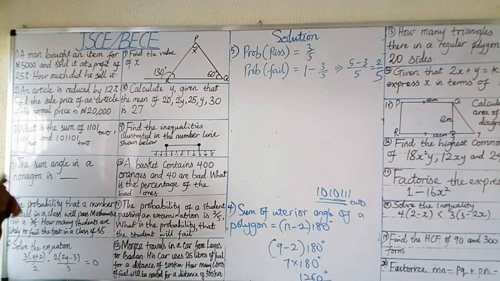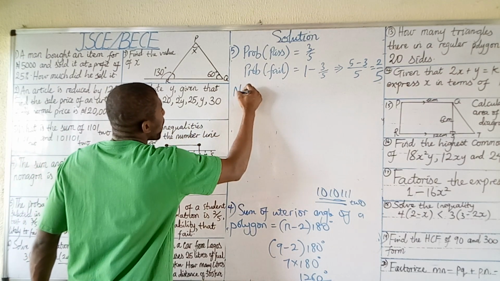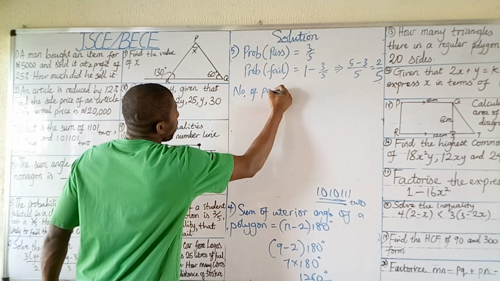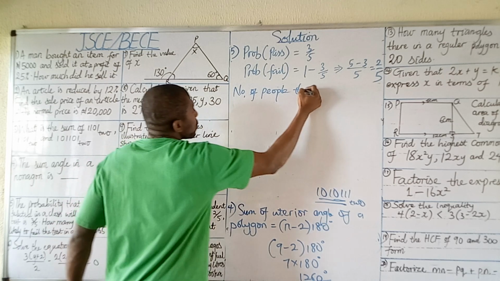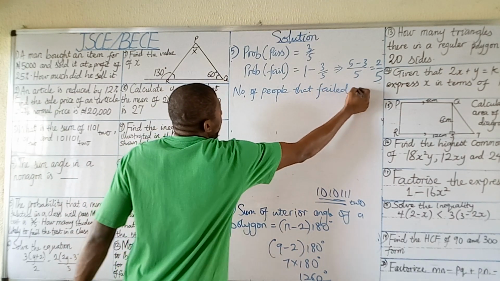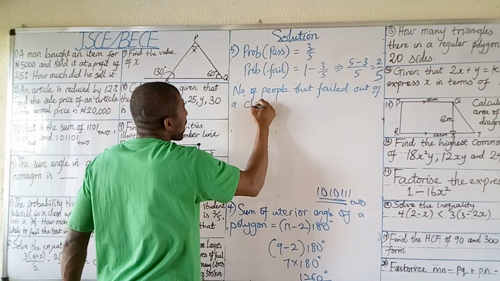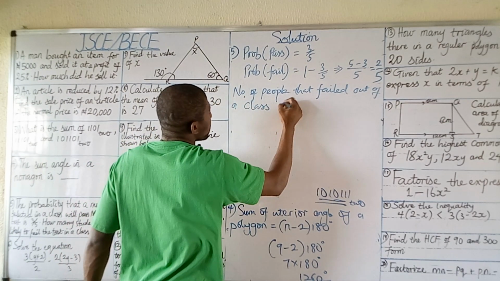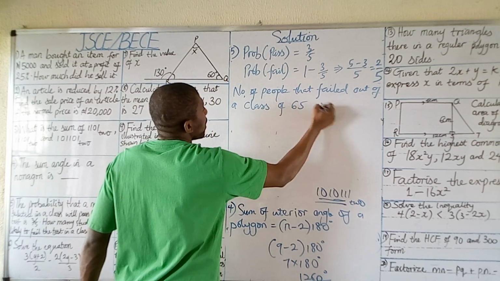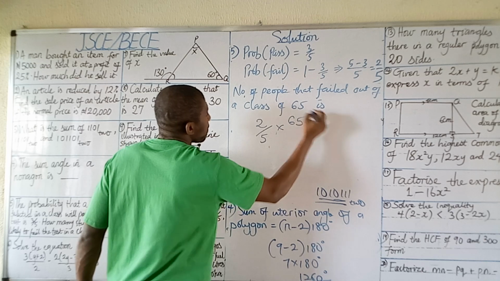Alright? Now, if I want to know the number of people that will fail in this class of 65, it will be number of people that failed out of a class of 65 is 2 out of 5 times 65.